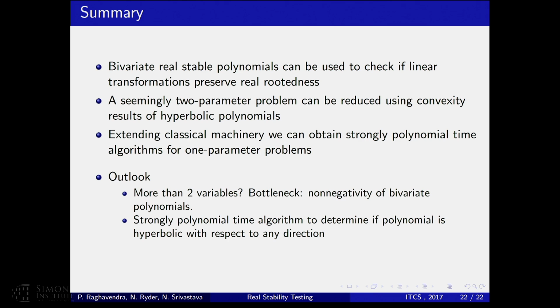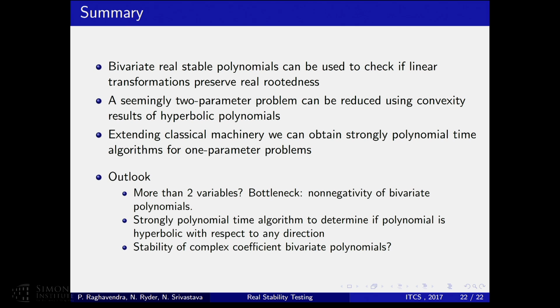The last part of our algorithm says we want to determine if a given homogeneous polynomial in three variables is hyperbolic with respect to a given direction. Another question is, given a homogeneous polynomial in three variables, does there exist any direction with respect to which it's hyperbolic? We're not sure if there's a polynomial time algorithm to do that.